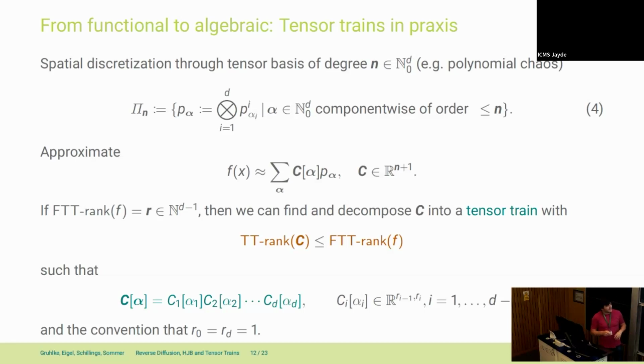And what is naturally the case is that if we have this representation and we know the functional tensor train rank, then we actually know that we can decompose this tensor again into a product with a rank that is bounded by the functional rank, right? So this is closely related to this functional decomposition.